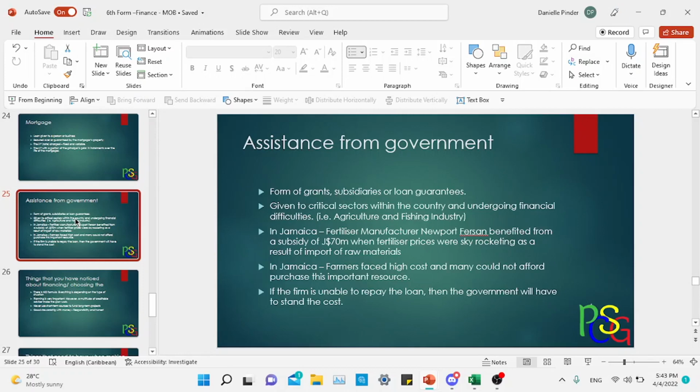So what do you think about having an illegal source of income versus having a legal source of income?